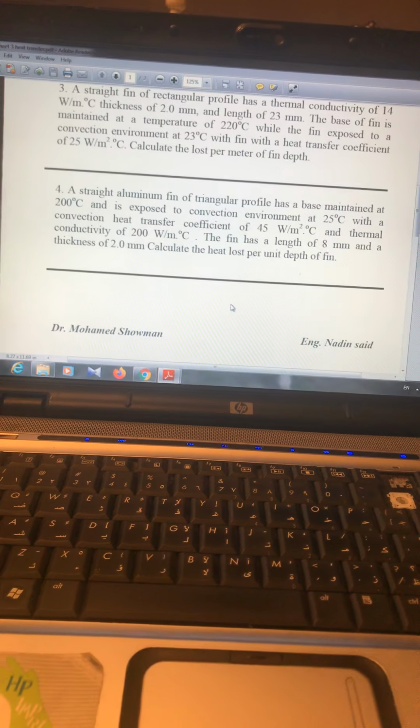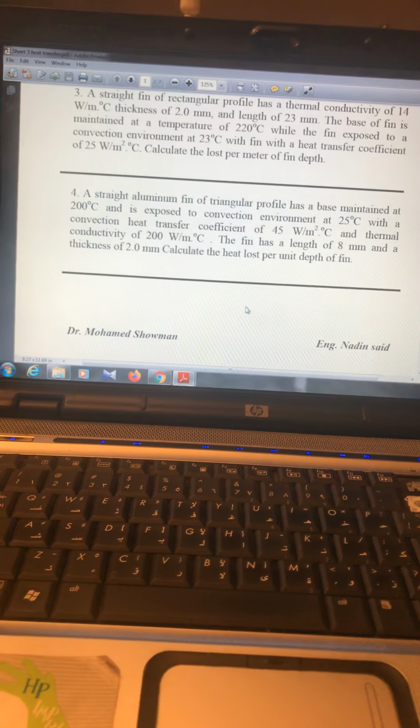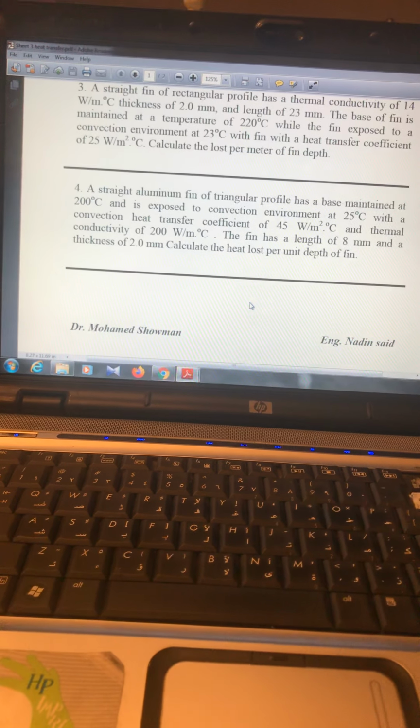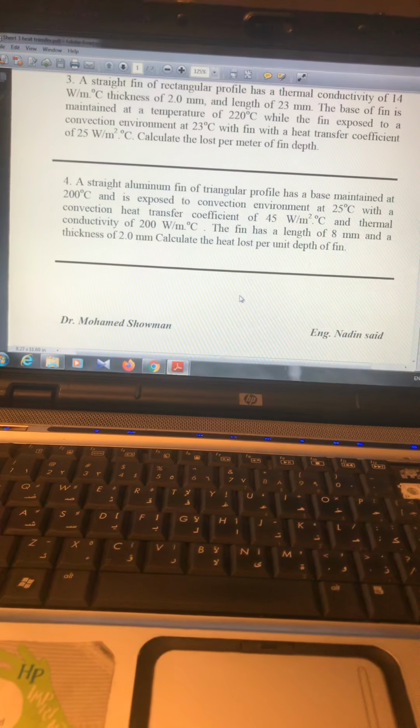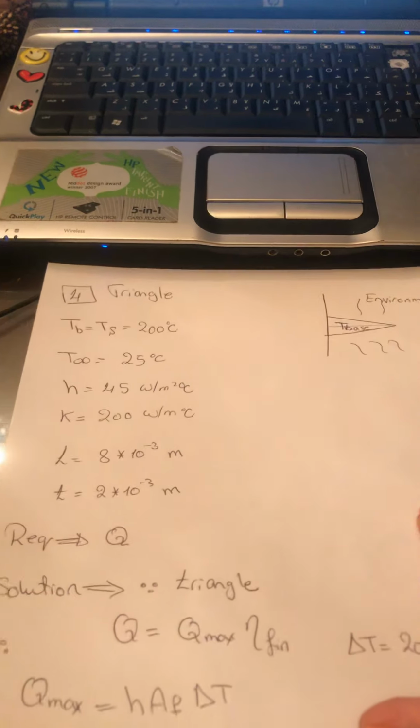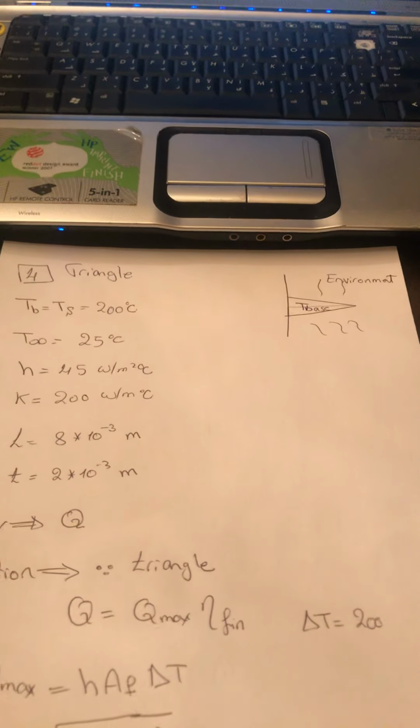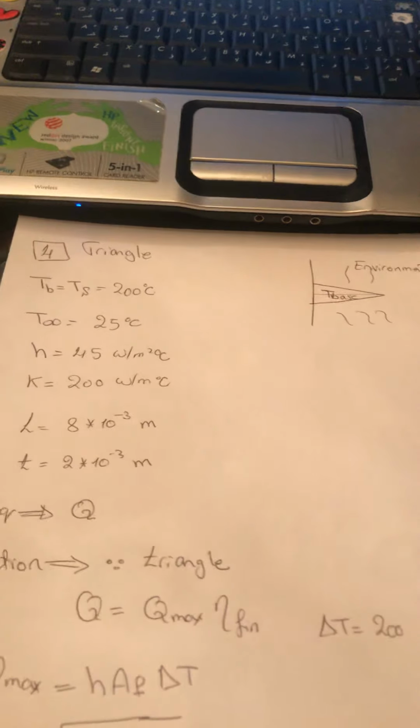It has a base maintained at 200, so the TB or TS is equal to 200 degrees centigrade, exposed to a convection environment at 25, so the environment is equal to 25. With a convection heat transfer coefficient of 45.